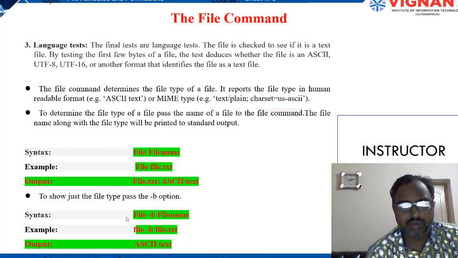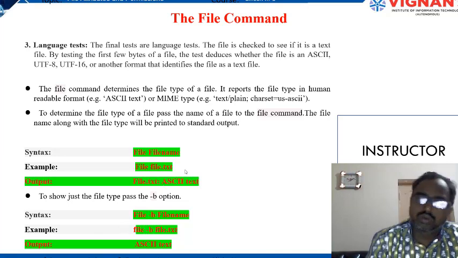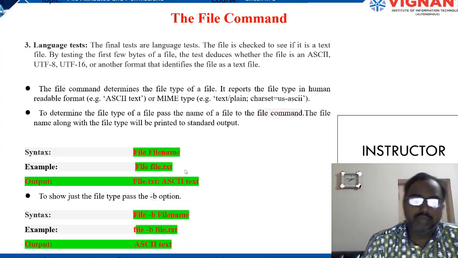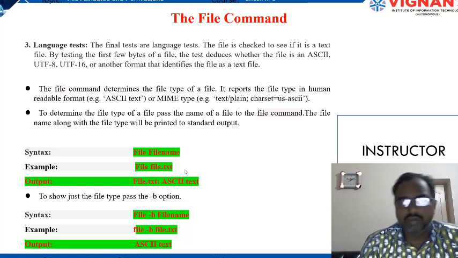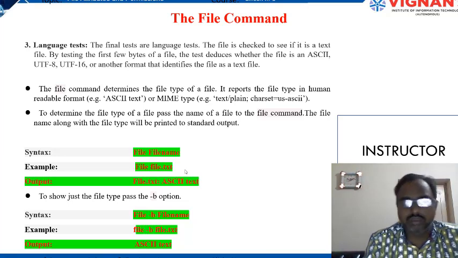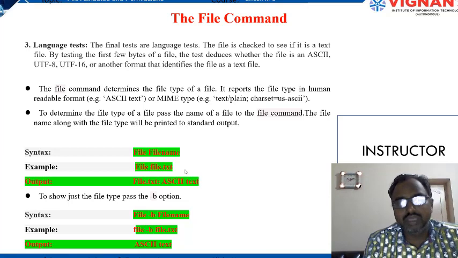Similarly, if you want to know only the file type, not the repetition of the file name, we have an option called option b. The same syntax, with a slight modification. b stands for brief, so it will give the brief description.